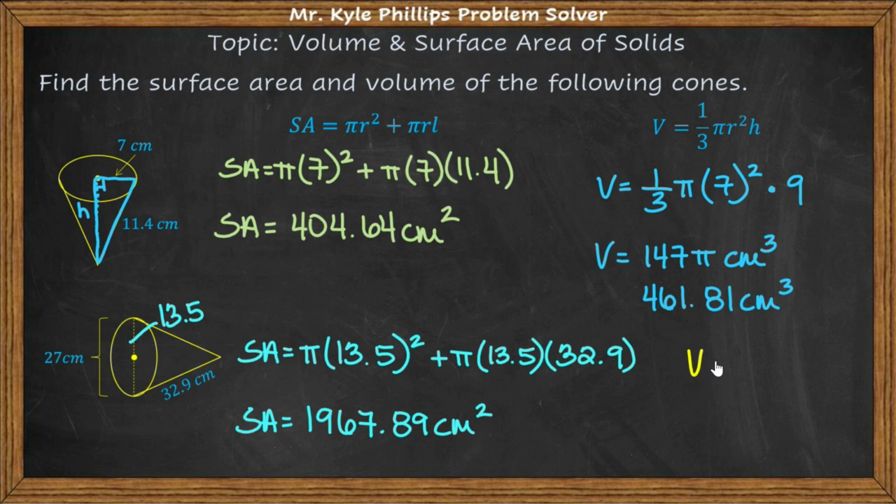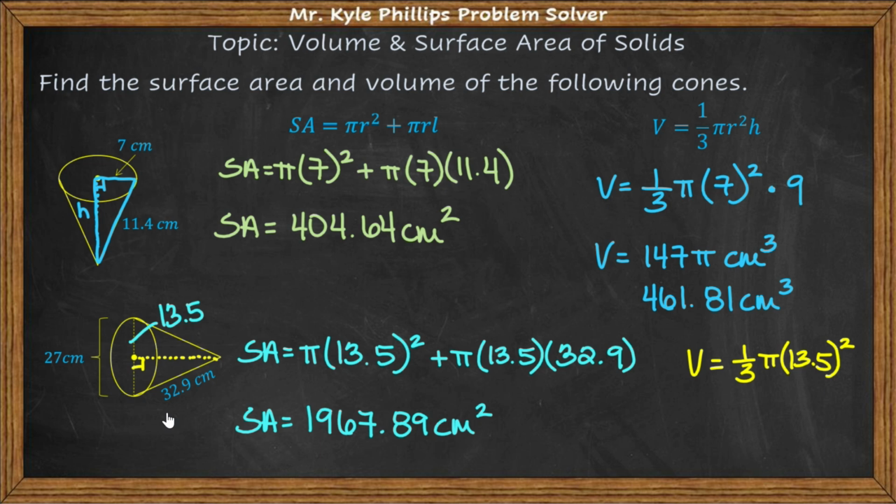With volume, we have 1/3 pi times the radius squared times the height. And again, we don't know the height. We know the slant height. This is going to be the actual height. So again, we have 32.9 as the hypotenuse. We have 13.5 as the radius.